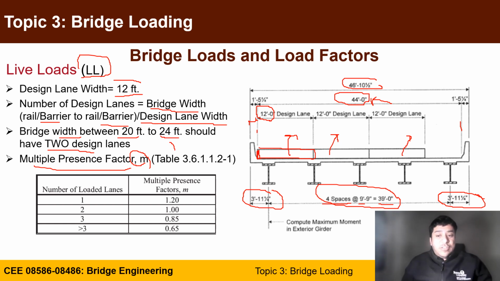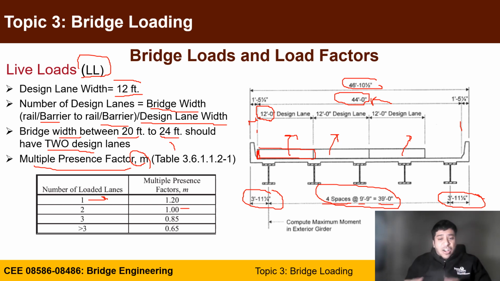So if you have only one truck, we increase the load by a 1.2 factor, because it's really underestimated to have only one truck in the same longitudinal position. You may have a factor of one if you have two design lanes, which means you will have two trucks in the same longitudinal position at the same time.